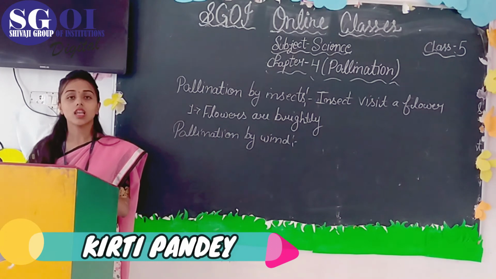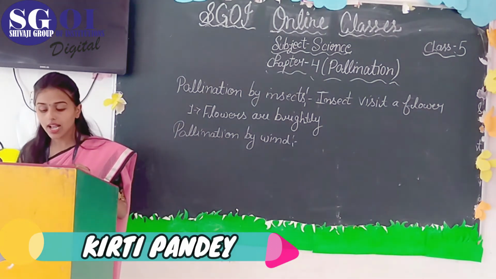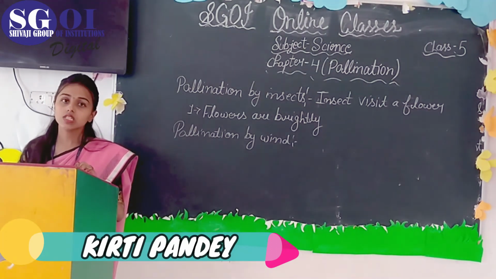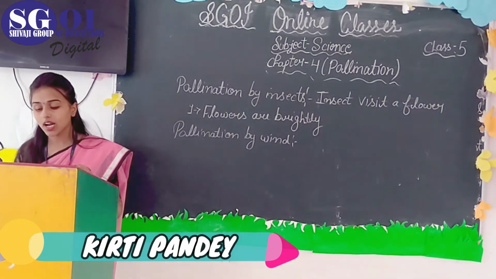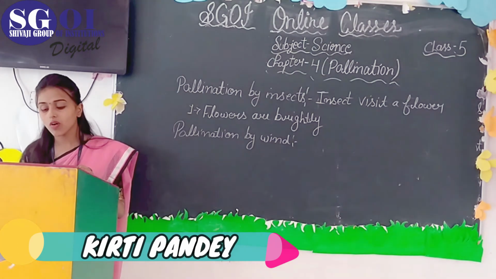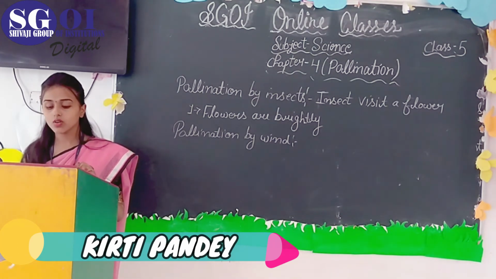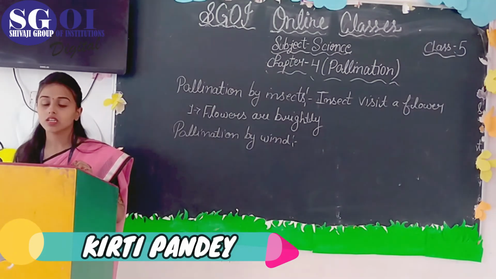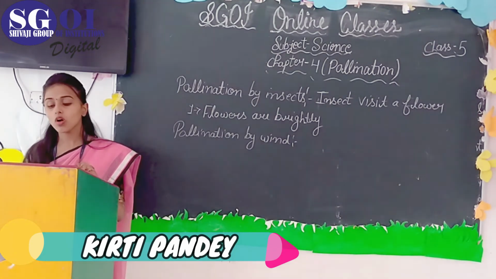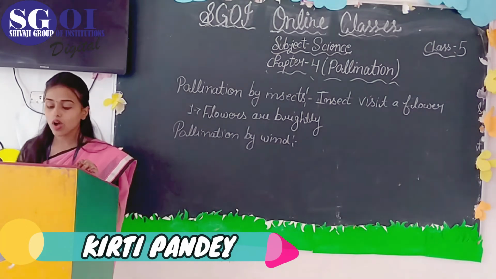Pollen grains are light and dry and produced in large numbers, and the stigma is large and feathery to catch the wind-carried pollen grains. Examples are wheat, maize, palm and grasses.